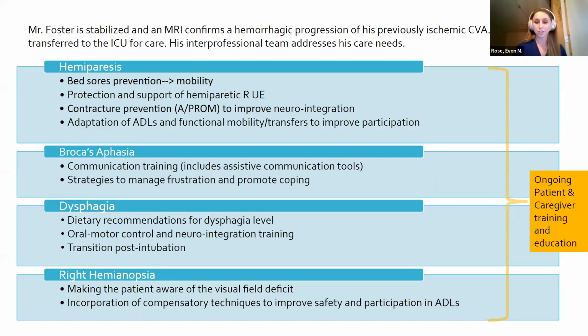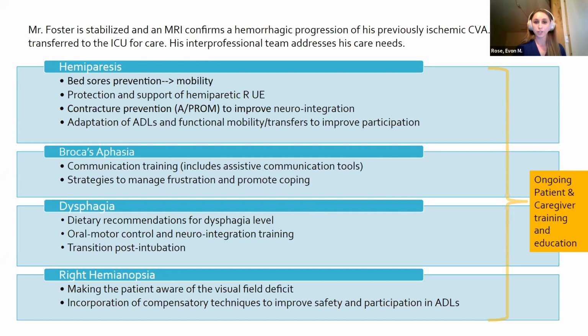Now, in this patient's situation, as you saw, his stroke was initially mild to moderate, and then it progressed to severe throughout the day. It had become hemorrhagic, and due to the involvement of several of the team members in his care, we were able to transfer him to the ICU and continue to treat his advancing needs.